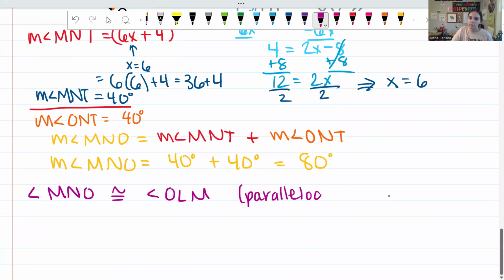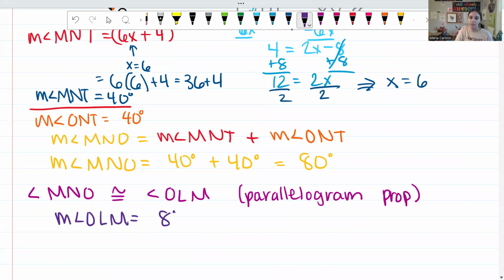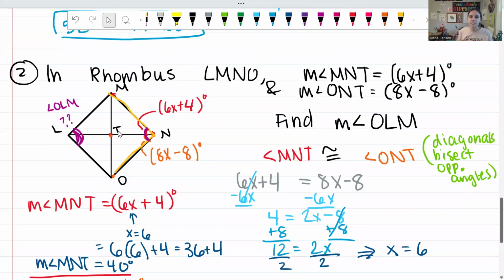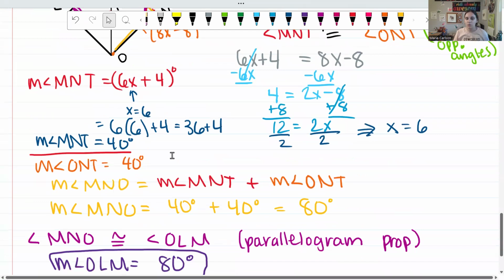So parallelogram properties tell us this, which means then that the measure of angle OLM is also 80 degrees. So we set those two angles equal to each other because it's a rhombus. So those two half angles had to be congruent. And then we added the measure of those two angles together to get the entire corner of that rhombus, the entire angle N, which is opposite angle L. So angle OLM is also 80 degrees.